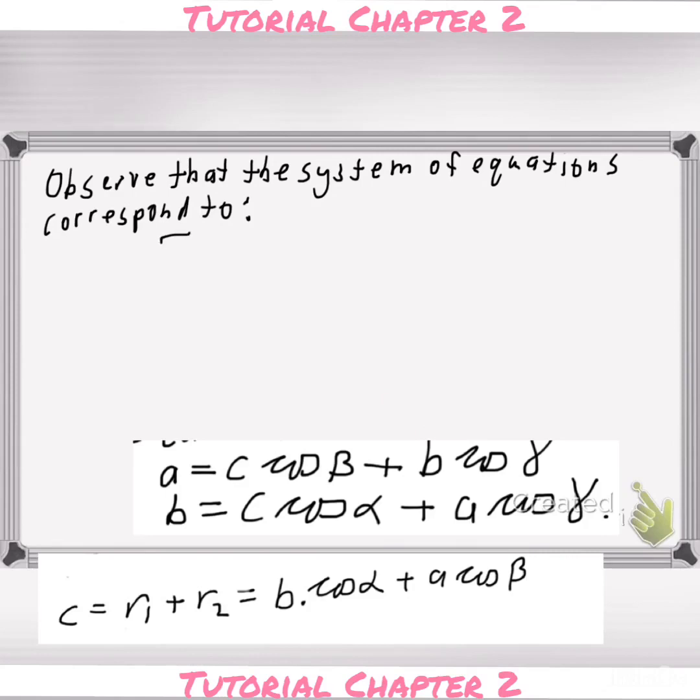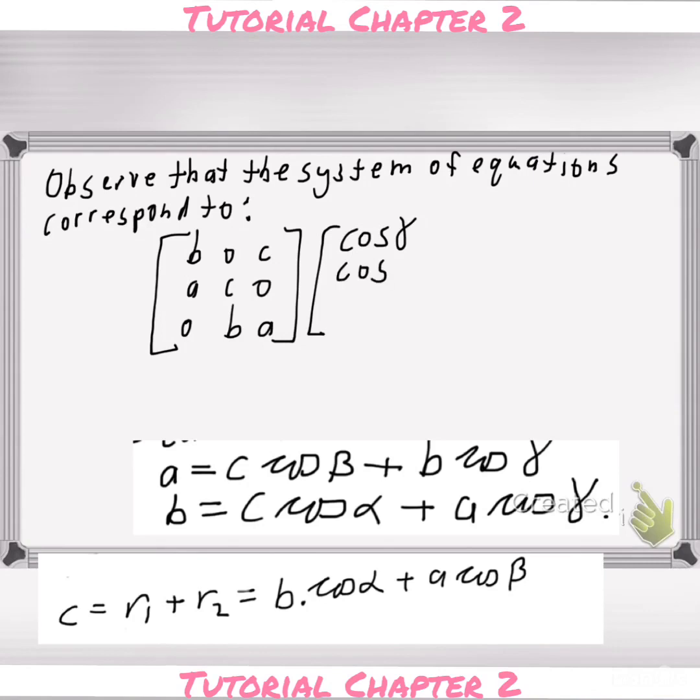There you've got your matrix with rows B 0 C, A C 0, 0 B A. Then you've got your variables: the first being cos gamma, the second cos alpha, which is the one you want to solve, and the third cos beta. And that should be equal to the vector A, B, C.